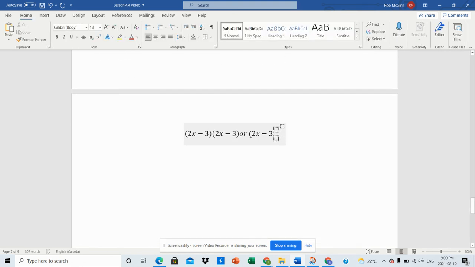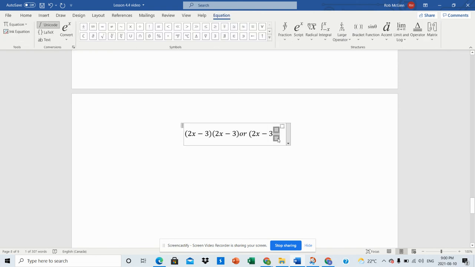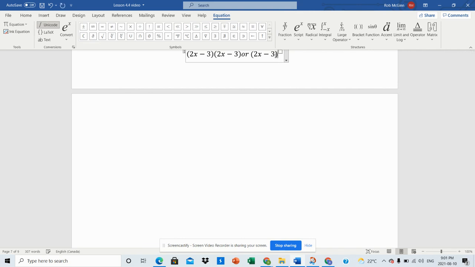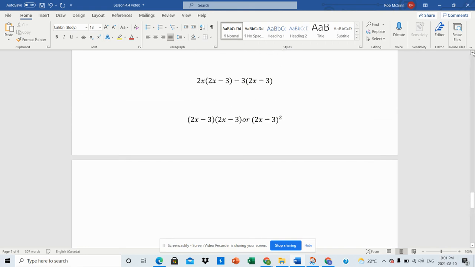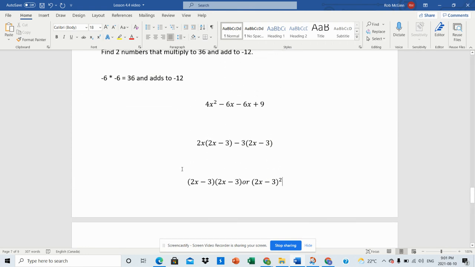I did not mean to make it a fraction. So that can be rewritten as 2x minus 3 squared. Sorry, that took a little bit longer than I anticipated, but 2x minus 3 times 2x minus 3 can just be rewritten as 2x minus 3 squared.